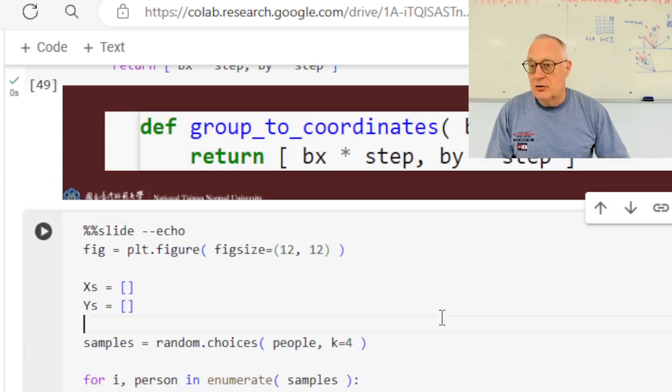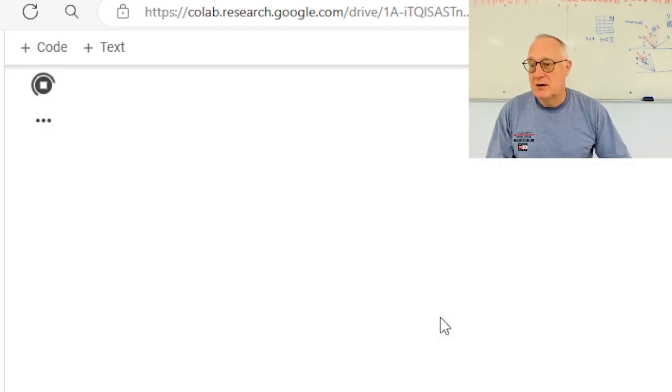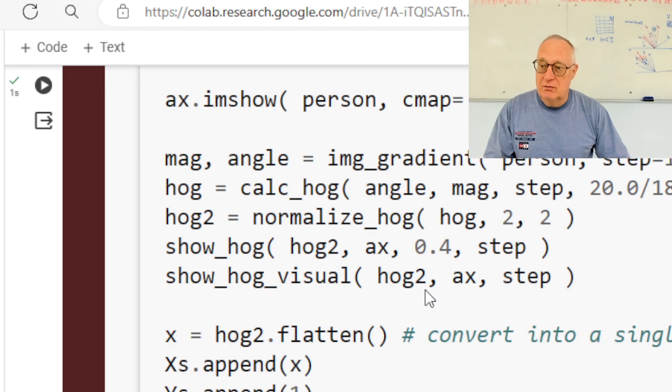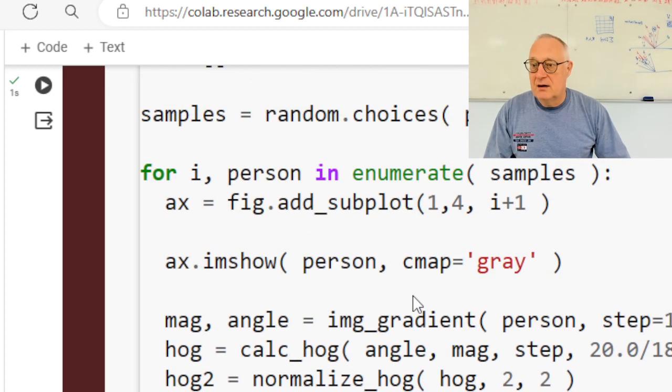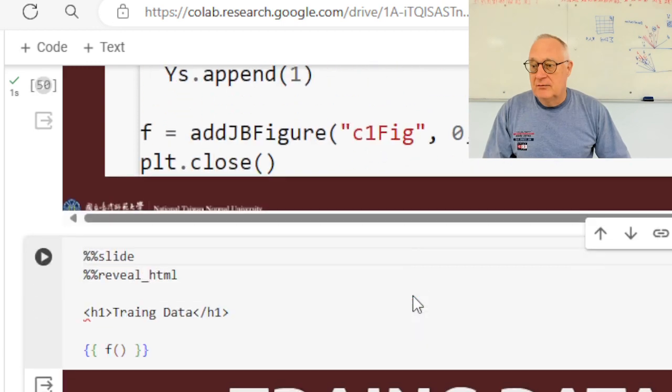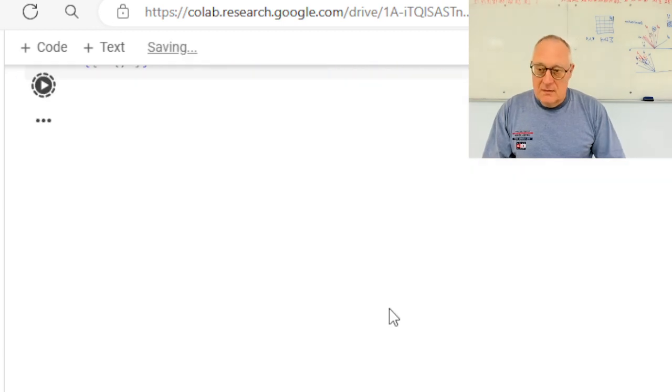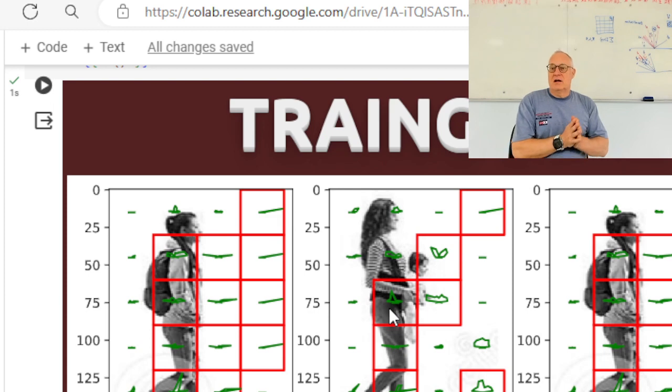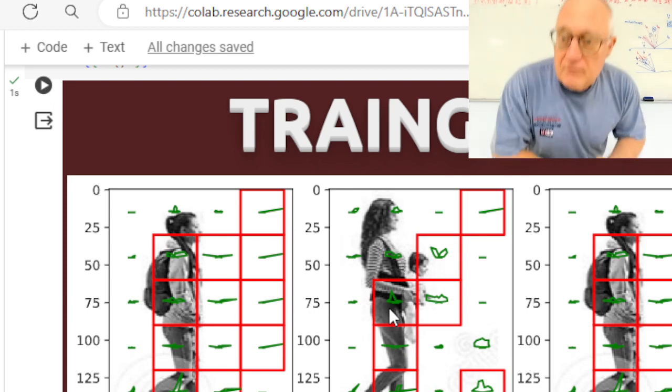So I can take the group and map it back to which part they are in, like the 6 by 4 number. And then we can design the training algorithm.